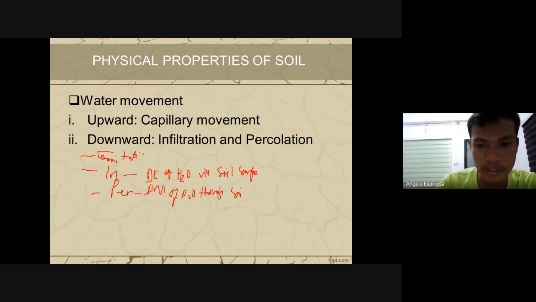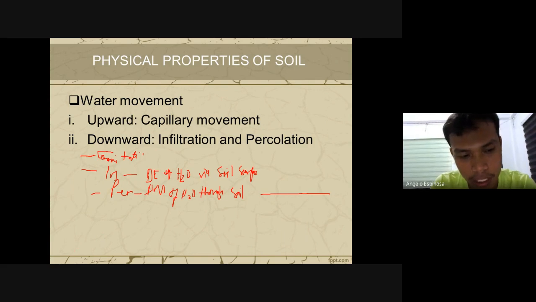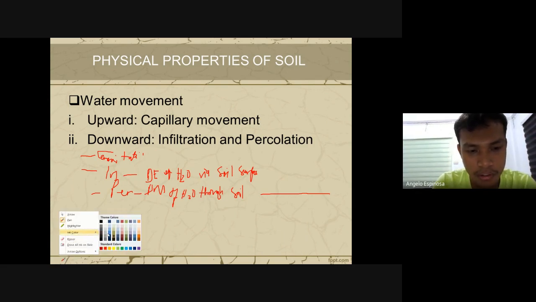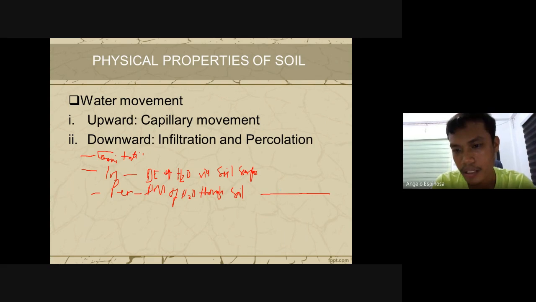In percolation, the water moves at a greater depth in the soil profile. Example here, ito yung surface. Yung water, pag dito dumadaan via soil surface, that is infiltration. Pero ang percolation, it can actually move deeply in the soil profile, meaning nagpe-penetrate talaga siya pababa.